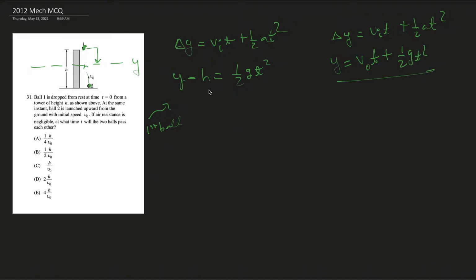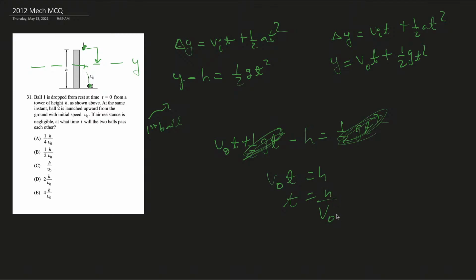Now we have a y here and a y here, so I can just replace the y into that, and that tells me v naught t plus 1/2 g t squared minus h is equal to 1/2 g t squared. If I subtract 1/2 g t squared from both sides, this part cancels with this, and we get v naught t is equal to h, and t is equal to h over v naught. So the answer to this is going to be C.